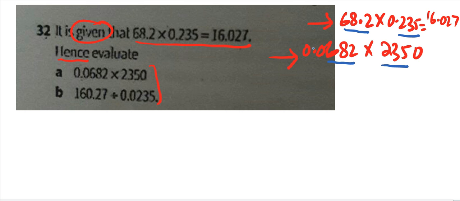Here we have 0.0682. If I move this decimal after 68, it becomes 68.2 times 10 raised to the power. As you can observe, the value of the number has been increased, so the power must decrease, so it will be -3.